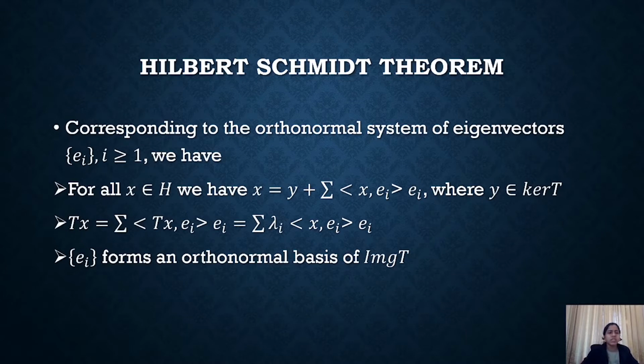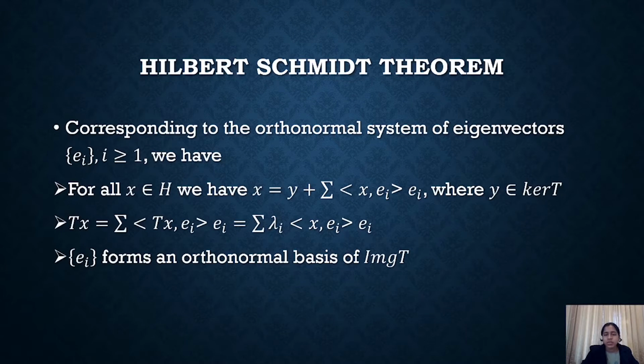Now the third one is clear from the second point, because you can see that T(x) is written as Σ λᵢ⟨x, eᵢ⟩eᵢ.